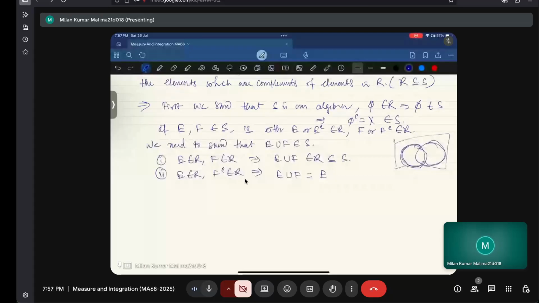So to prove that union is there, let's take two elements E and F. That means either E is there or F complement is there.